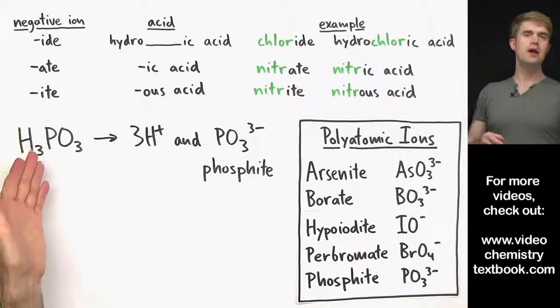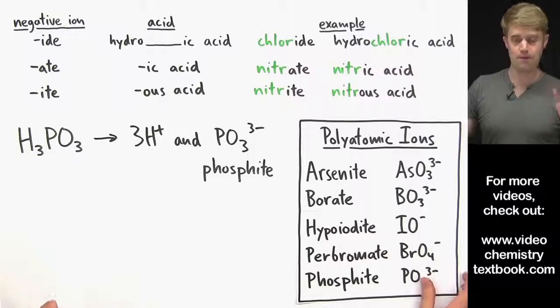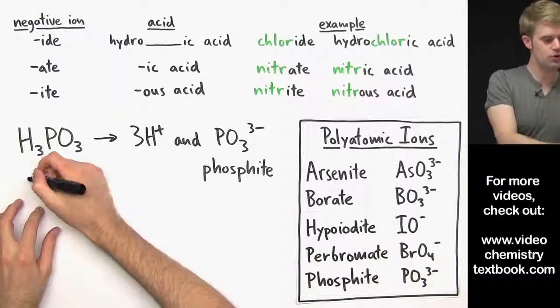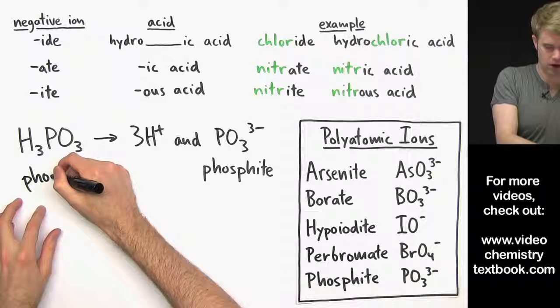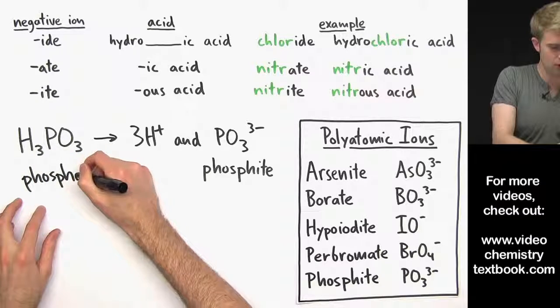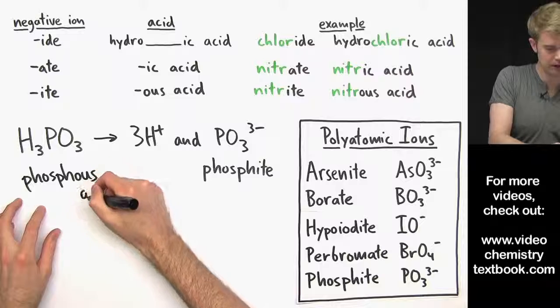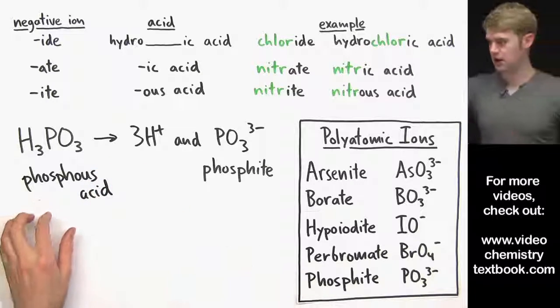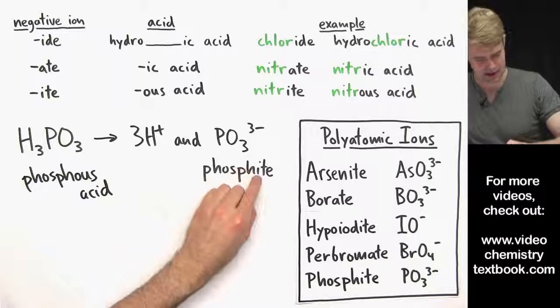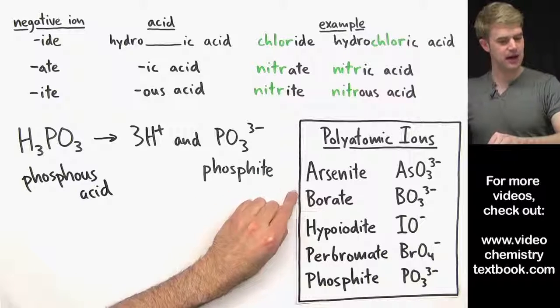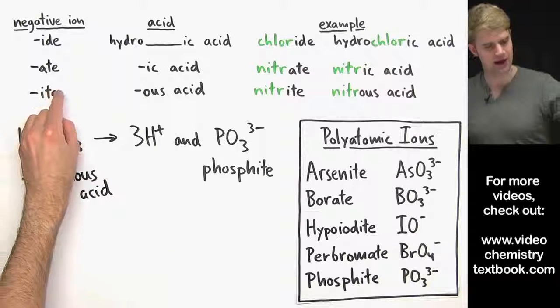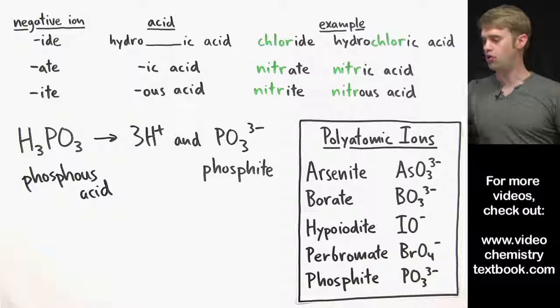Okay, how do we name this acid here? Now, based on the rules, you would logically say that we're going to call this phosphorus acid because we have this ending in ITE, and ITE negative ions give us acids that end in OUS.